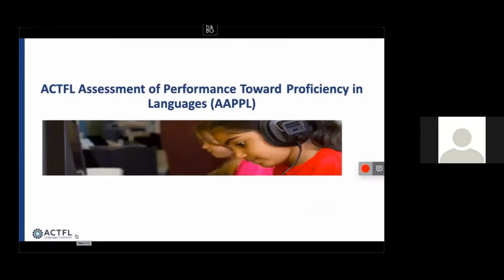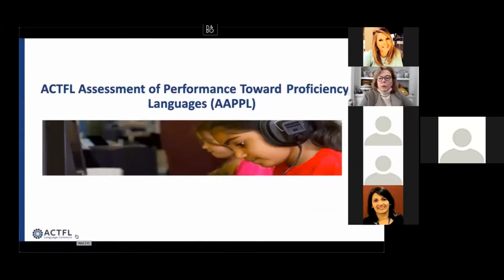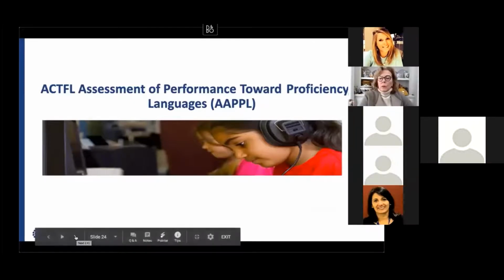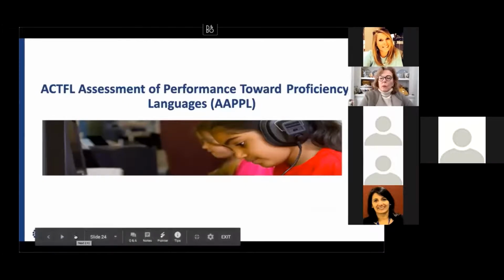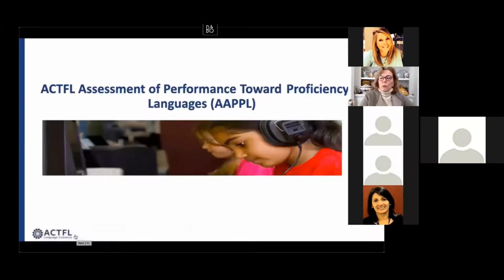How well are they able to use language to discuss the content of their learning in the language classroom and in other classrooms. And this assessment was known as the Assessment of Performance toward Proficiency in Languages, or as we commonly refer to it, the AAPPL. Next slide.